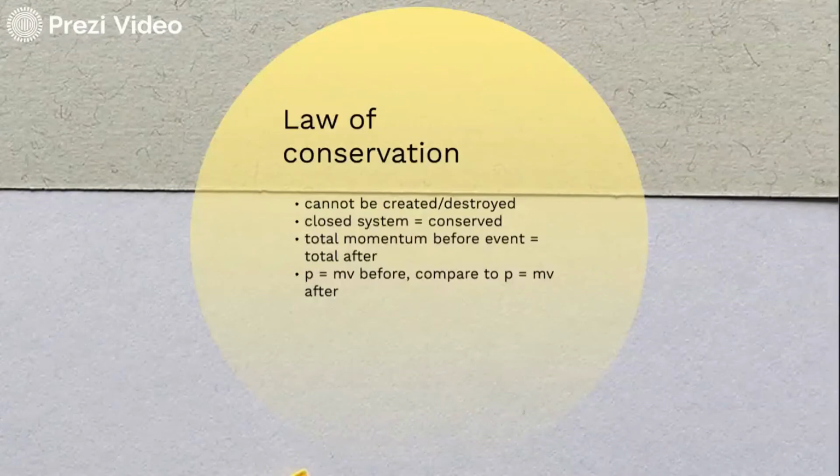For example, if two cars crash into each other and one car is moving to the right with a momentum of, let's say, 100, and the other car is still, it has zero momentum because the velocity is zero, since it's not moving in any given direction. That means the total momentum before the event must be 100. Because it has to be equal after the event, the total momentum after the event must also be 100.